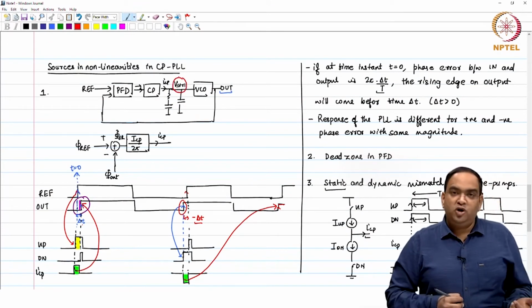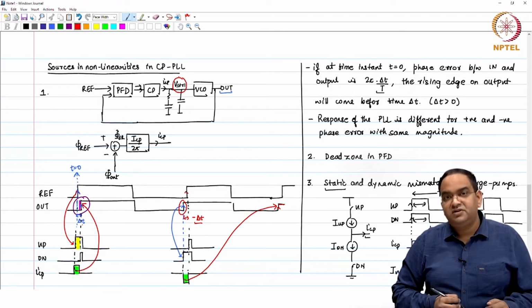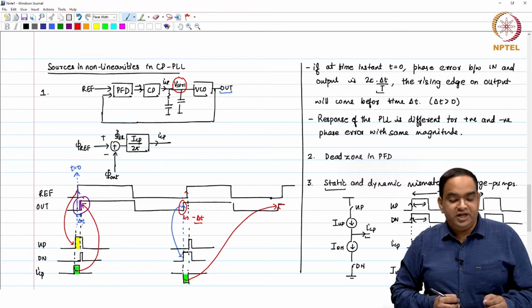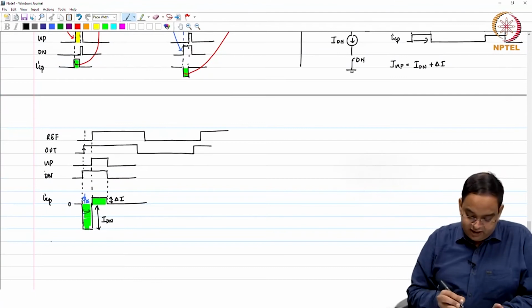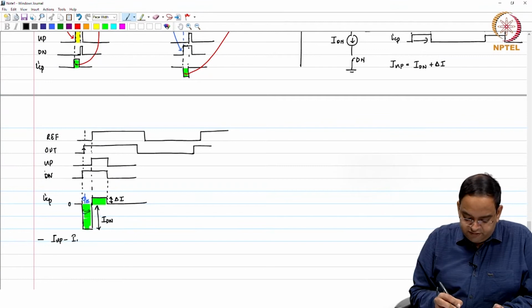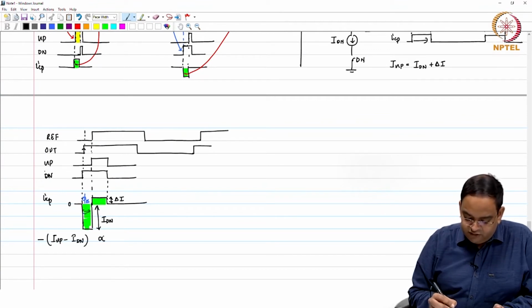So, if you want to lock your oscillator or lock your PLL to different output frequencies, you will have the control voltage varying over a certain range. So, what you see here is that I up minus I down, or the difference between the top and bottom current, is a function of, I would not write proportional, control voltage.